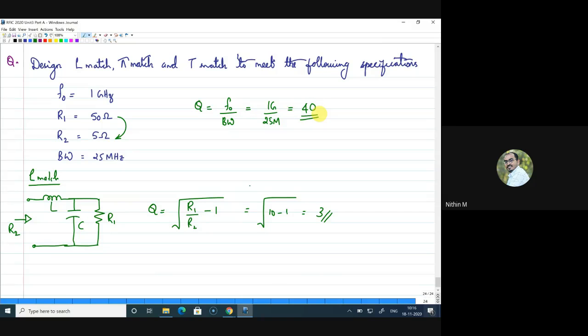This matching network is demanding a lot of bandwidth, that is, a bandwidth of around 25 mega at the center frequency of 1 giga. It is very clear that this Q factor cannot be met if you use an L match. This is the inability of the L match to meet the requirement of 25 megahertz of bandwidth.